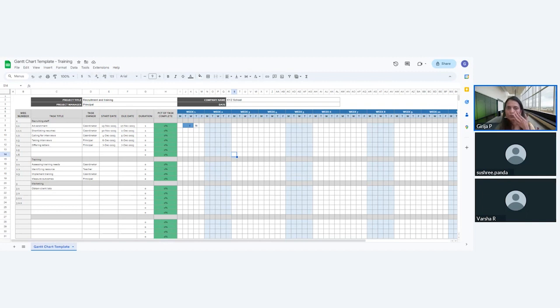I request all of you to plan for the next 5 days or for 1 week, and try to assign the tasks. When you are assigning the task, please try to break down what kind of activities you will be doing to achieve that particular task. So if you are doing the recruitment, what are the activities you will be doing for the recruitment, and how much time you want to allocate to that.